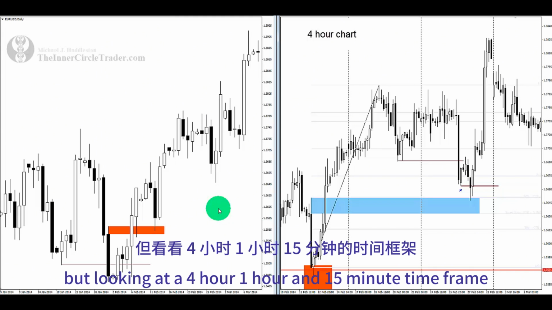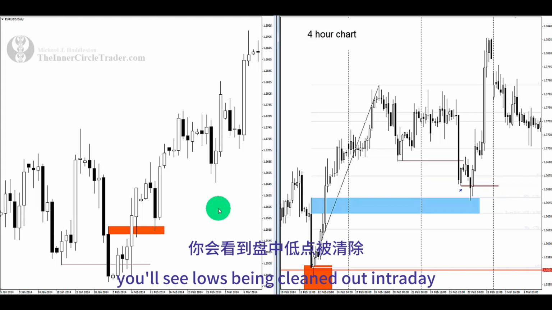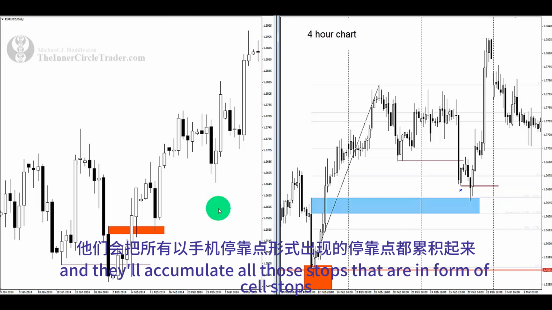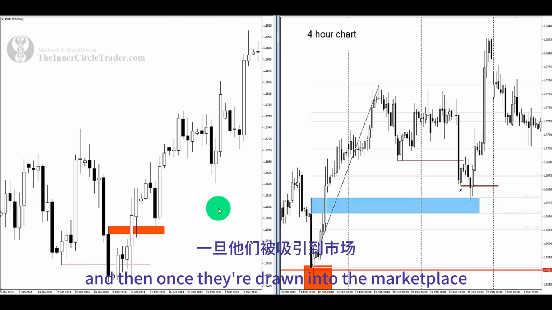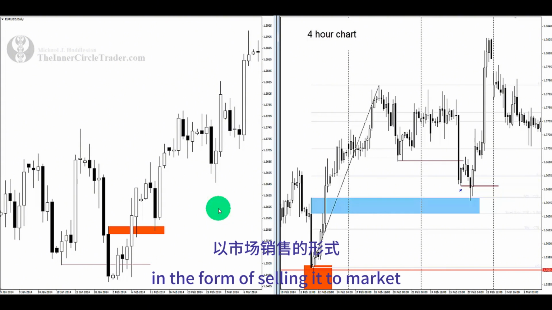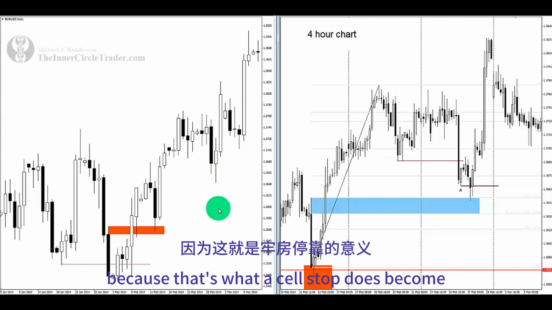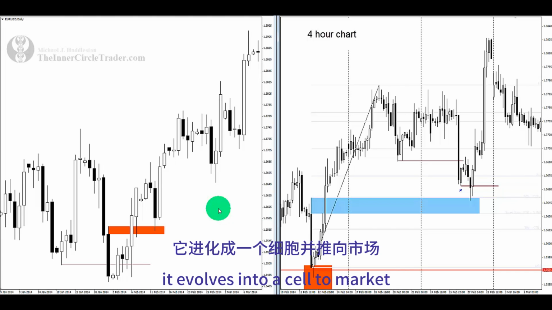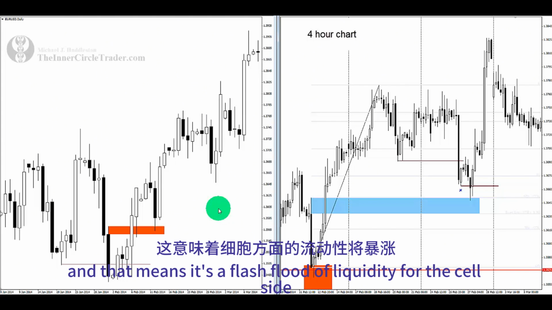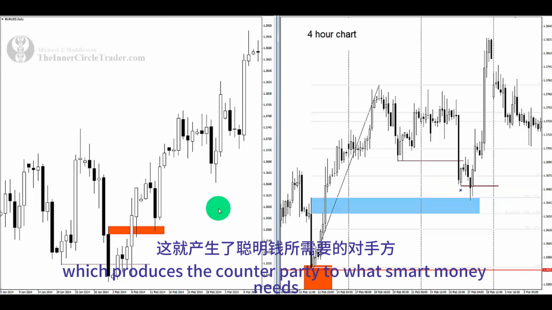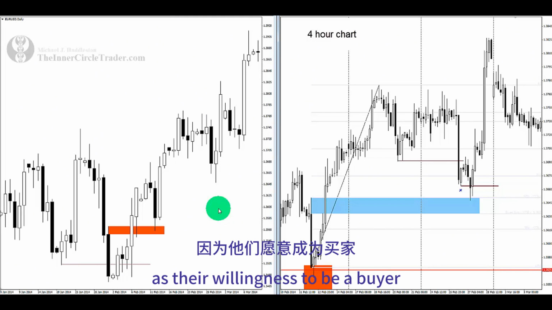But looking at a 4 hour, 1 hour, and 15-minute time frame, you'll see lows being cleaned out intraday, and they'll accumulate all those stops that are in the form of sell stops. And then once they're drawn into the marketplace in the form of selling at market, because that's what a sell stop becomes, it evolves into a sell at market, and that means it's a flash flood of liquidity for the sell side, which produces the counterparty to what smart money needs as their willingness to be a buyer.